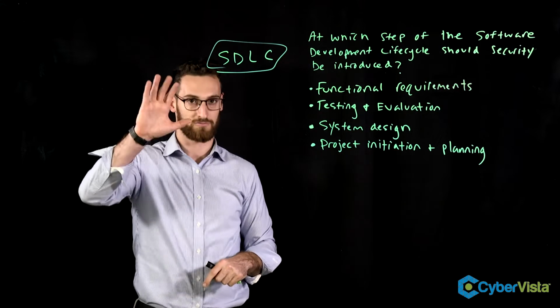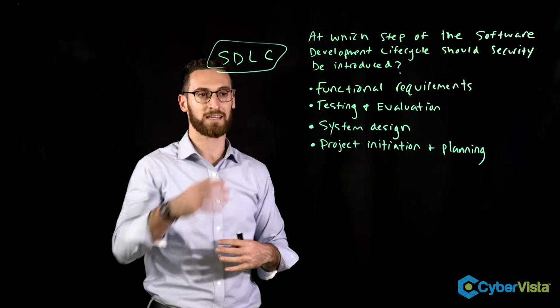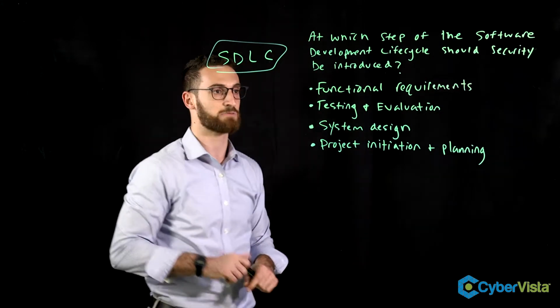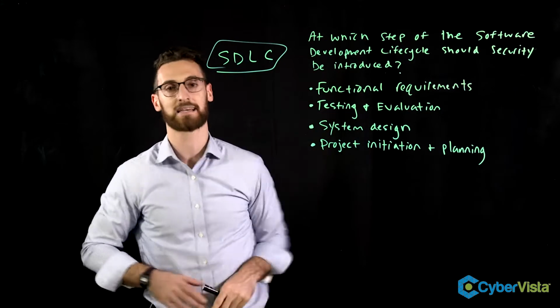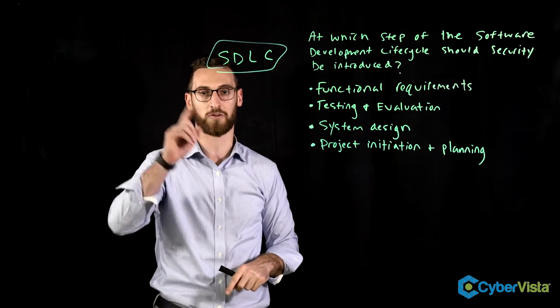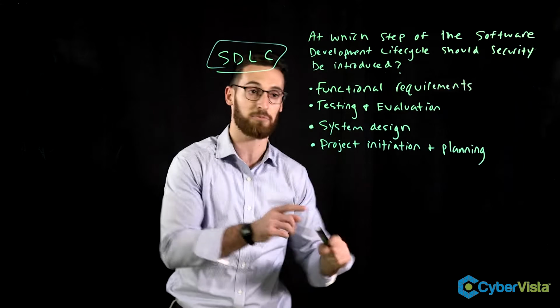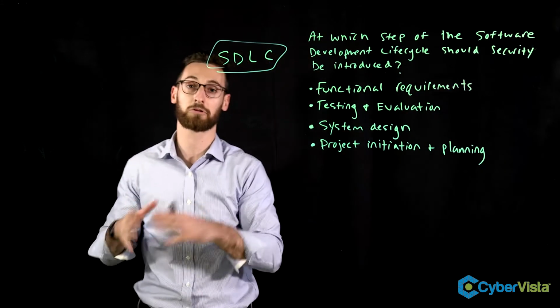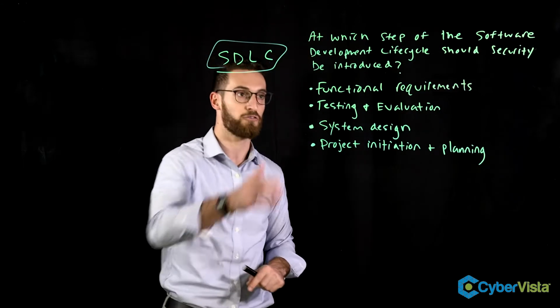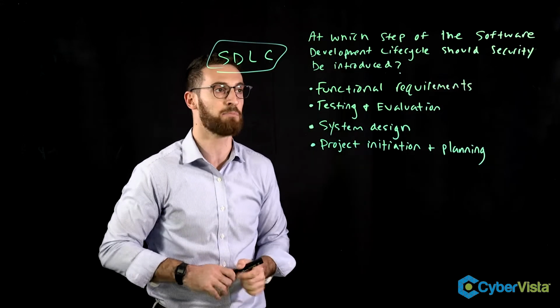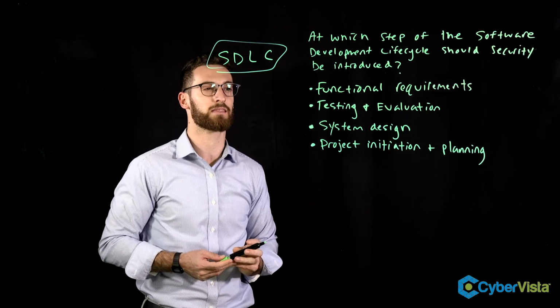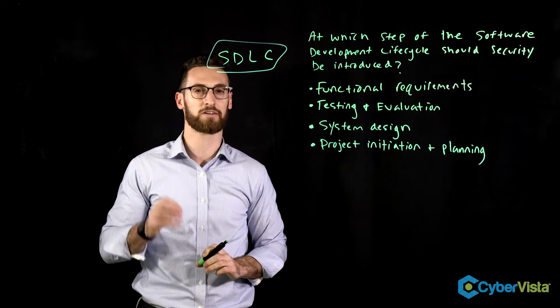So, using that knowledge, really what we have to do here now is we have to say to ourselves, okay, which one of these steps in the SDLC actually happens first? Because the first step, or the earliest step, is going to be the one where we want to introduce security. So functional requirements. Okay, that sounds like a planning step, but that more has to do with, again, steps that are very, very specific.